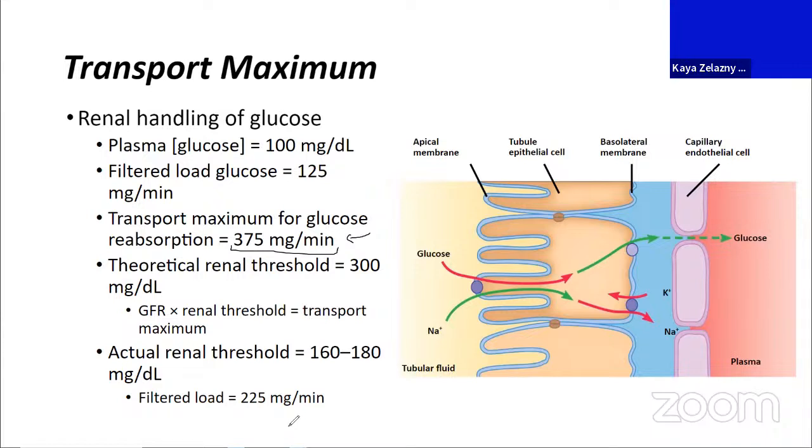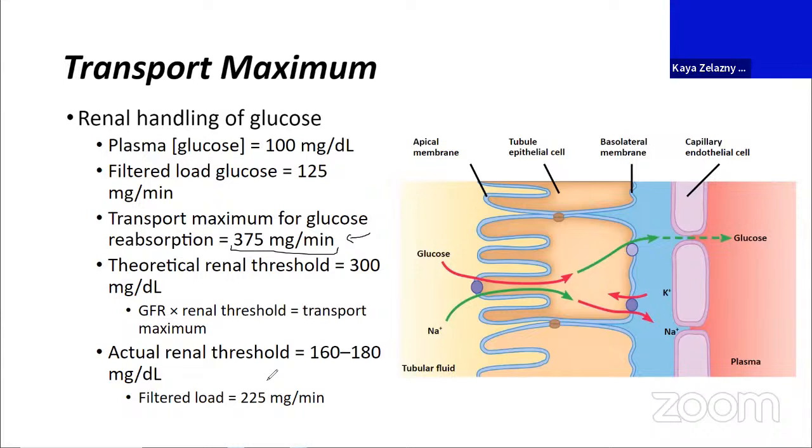So our actual observed renal threshold is going to be more like 160 to 180 milligrams per deciliter. So what that means is, theoretically, we shouldn't see glucose spilling over into the urine until we hit that theoretical renal threshold of 300 milligrams per deciliter.